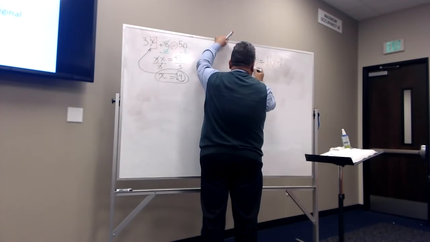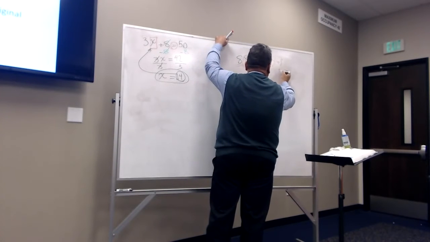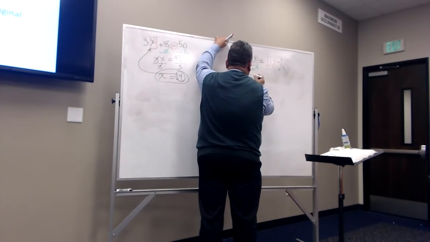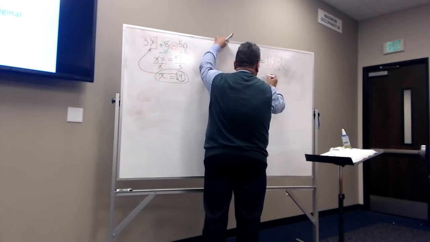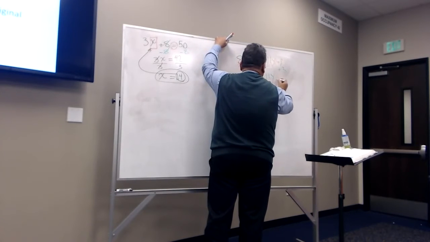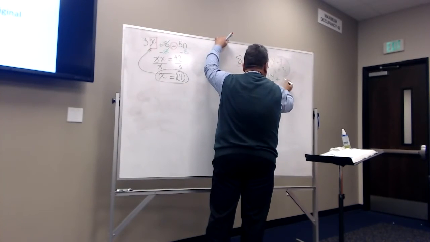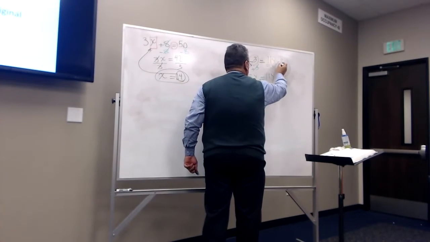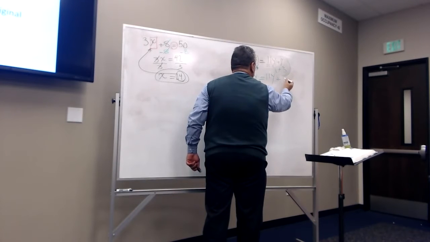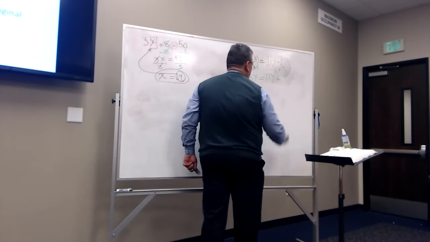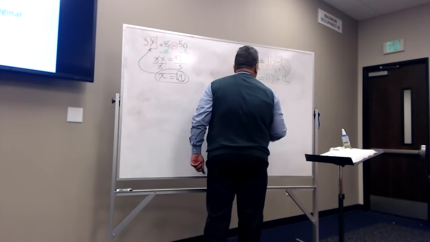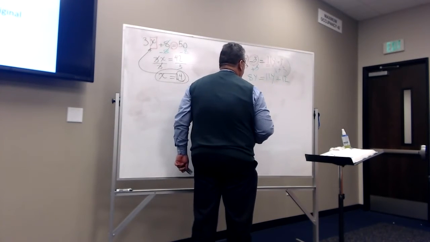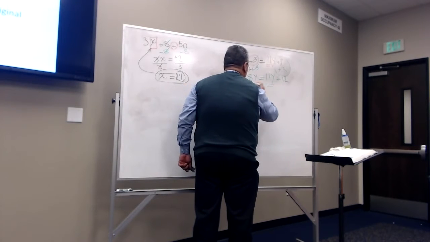I add plus 3. These two cancel. So I get 8y is equal to 11y plus what? 3 plus 9, which is 12. Now, I want to have y's on one side.